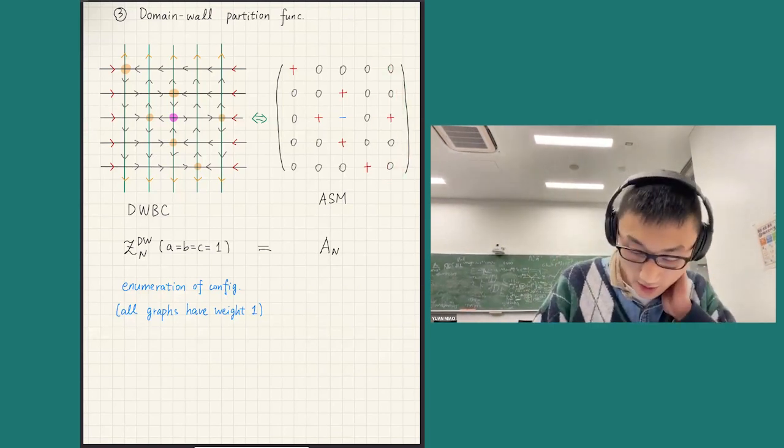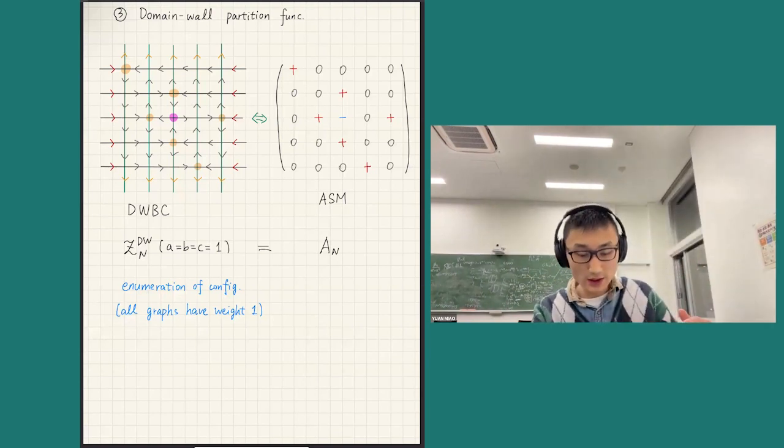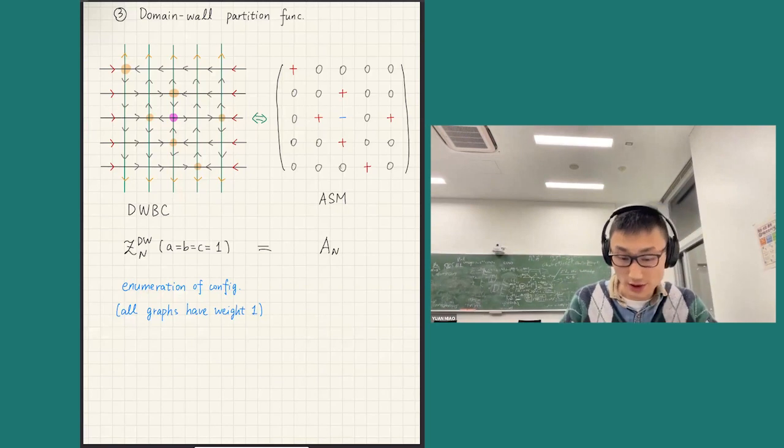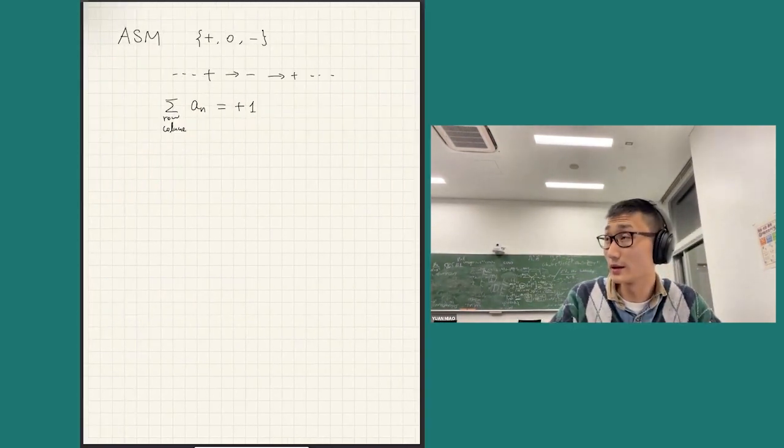And moreover, there's a very interesting question of how many of these alternating sign matrices there are.